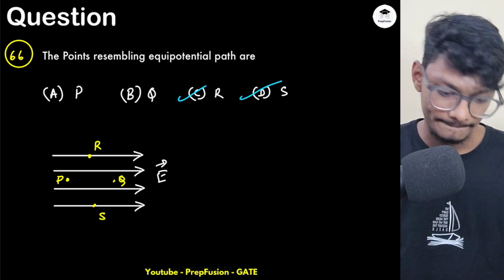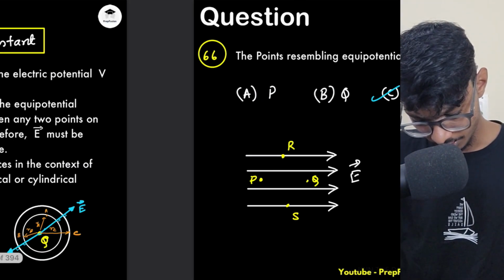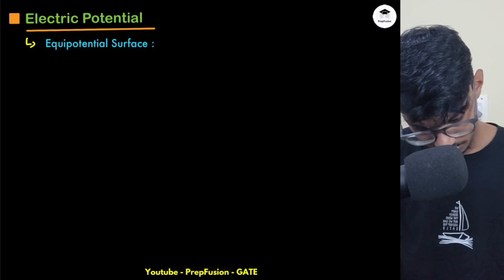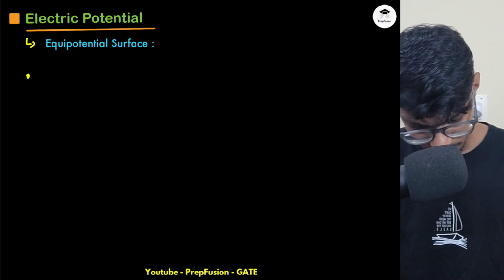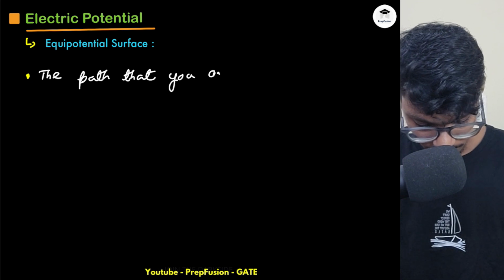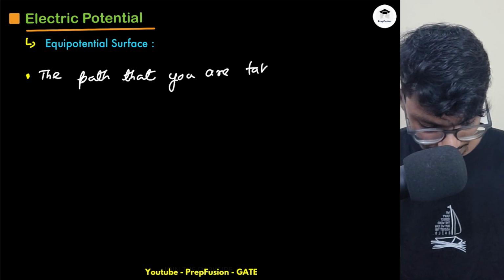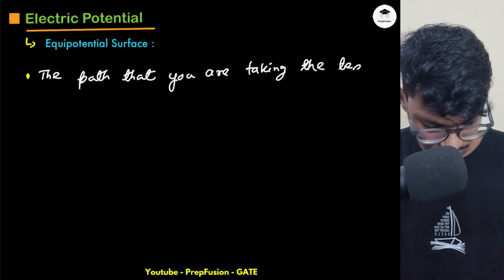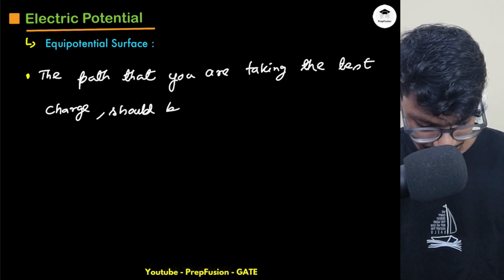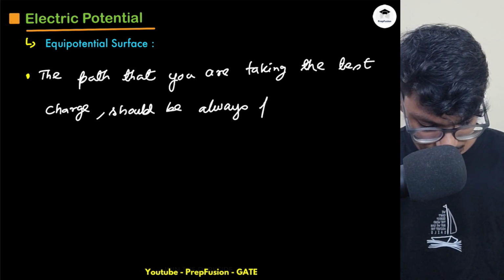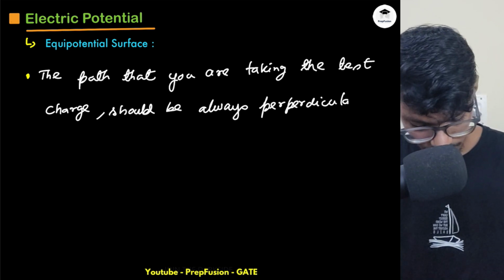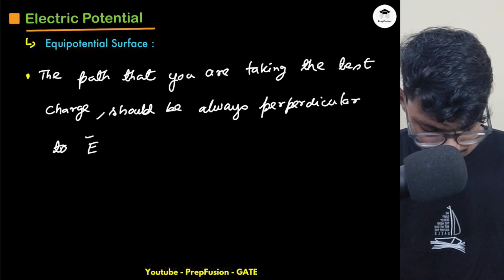One thing you have to note, the key point about an equipotential surface, is that the path that you are taking the test charge along should always be perpendicular to the electric field.